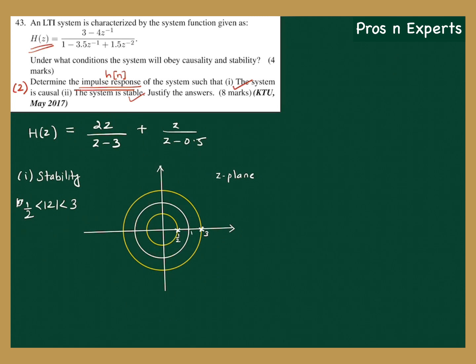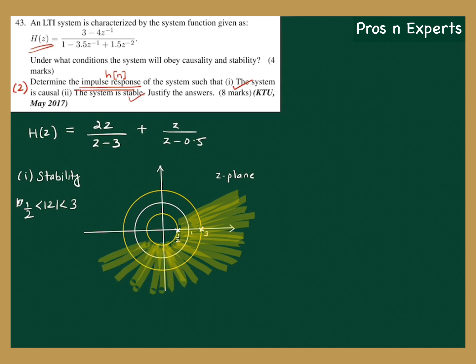Okay, so for getting that, the only possibility is having a region of convergence with respect to the pole 1 by 2, the ROC will be like this. I will come to the detail later. So with respect to the pole half, the ROC should be outwards, something like this.